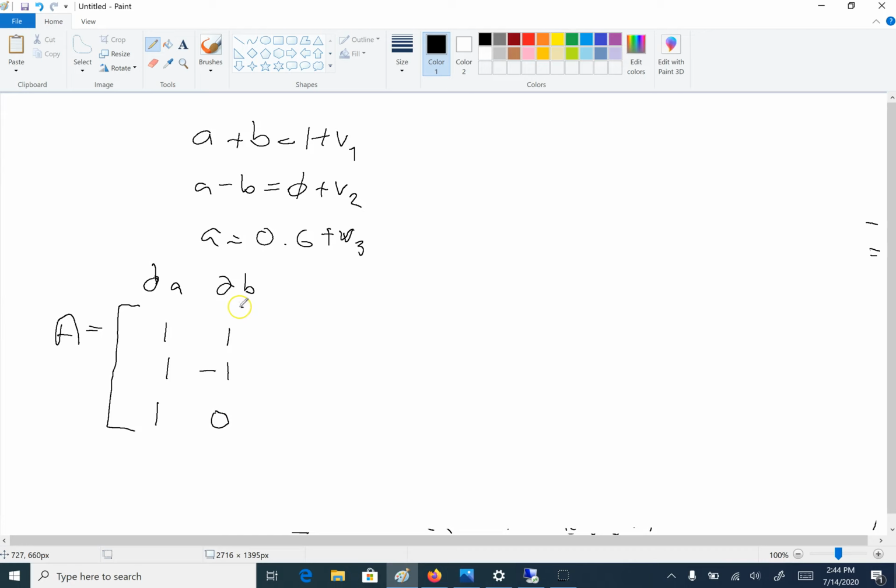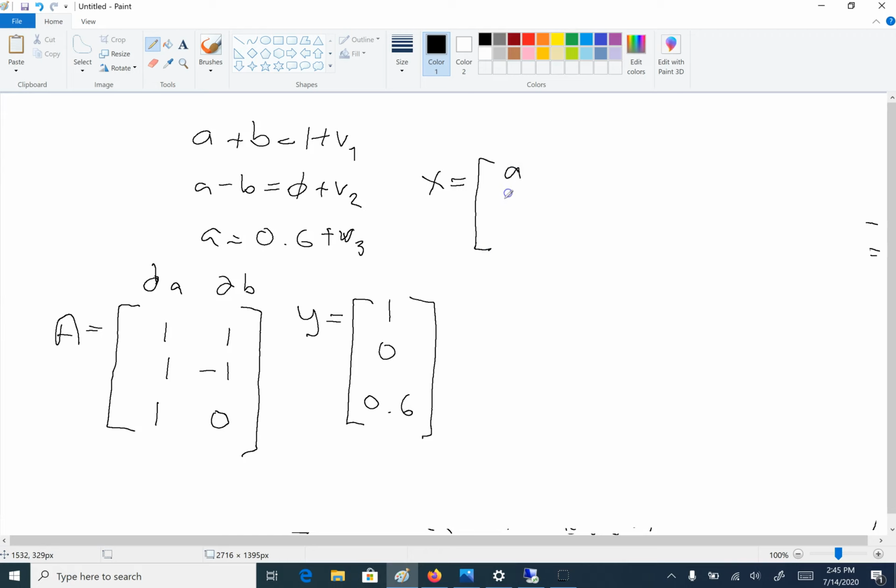There's no B in the third equation. Our vector of the knowns is 1, 0, 0.6, and our vector of the unknowns is just going to be A and B. Our adjusted solution is going to be equal to A transpose A inverse A transpose Y. And A transpose A is now going to be a square matrix, so we can take the inverse of that.